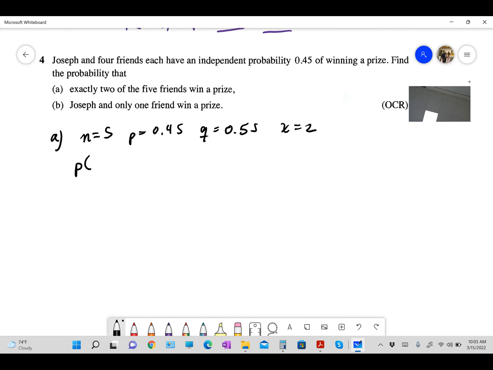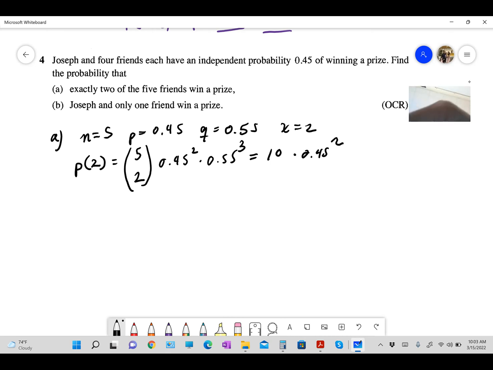So the probability that exactly 2 win must be equal to 5C2, 0.45 to the second, times 0.55 to the third. And so 5C2 gives you 10 times 0.45 to the second times 0.55 to the third.